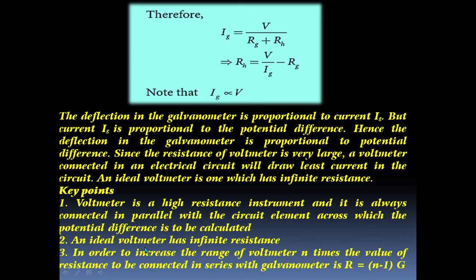The third point, in order to increase the range of the voltmeter n times, the resistance to be connected in series with the galvanometer is capital R equal to (n minus 1) into capital G. Thank you.